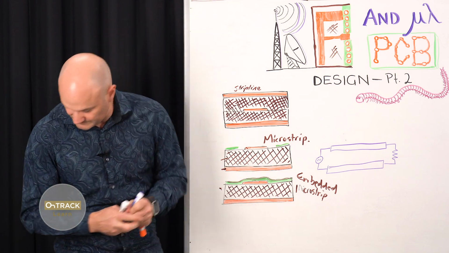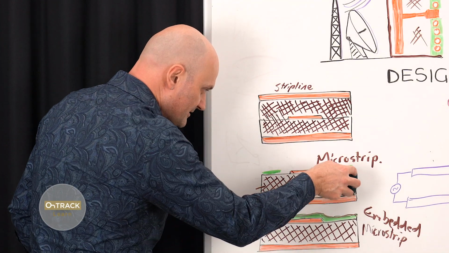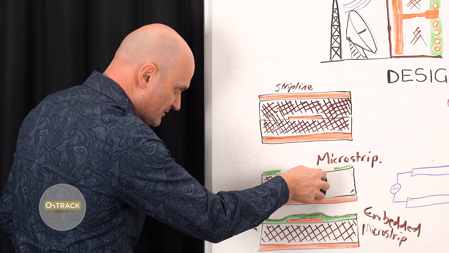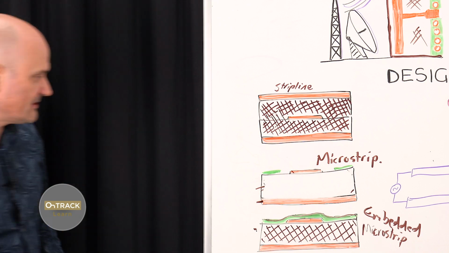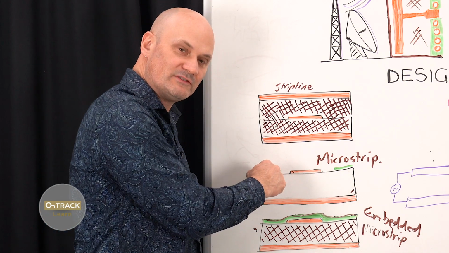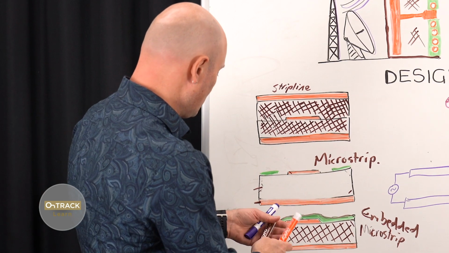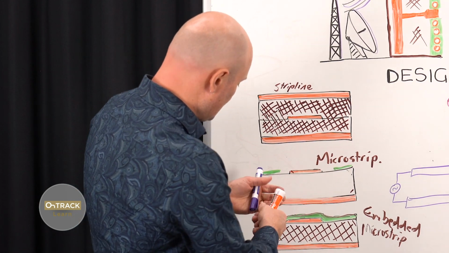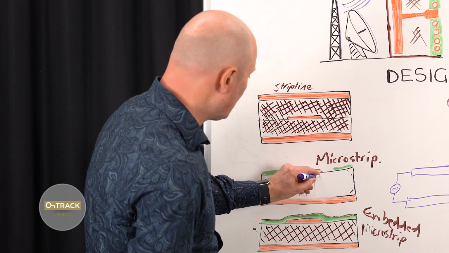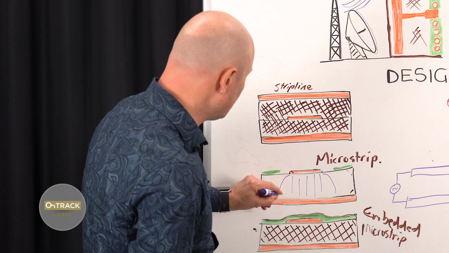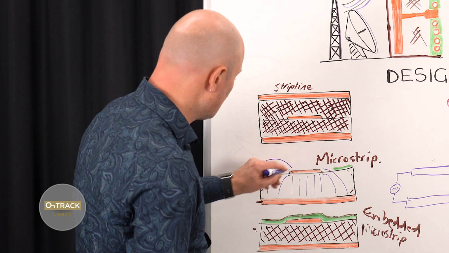Let me find my eraser here. Let me get rid of some of this crosshatch in here so we can draw some fields and waves. What actually happens, so imagine this is a cross-sectional view looking into or out of the trace. And when we have an electromagnetic coupling of the transmission line, the strip line, the electric field lines go like this.